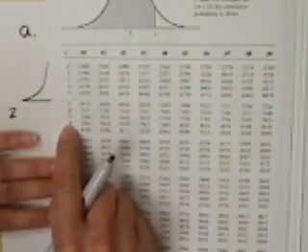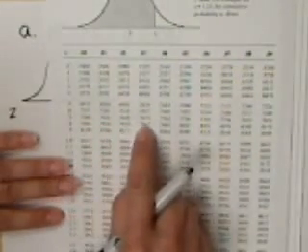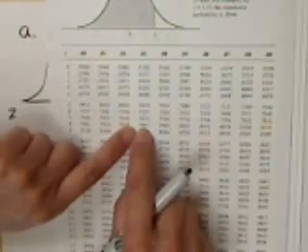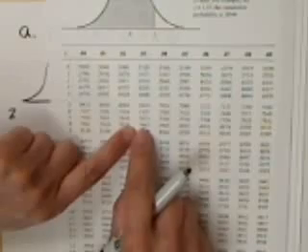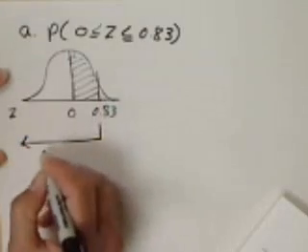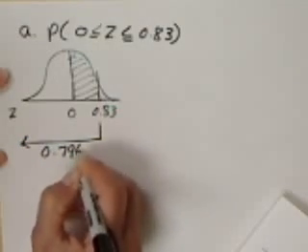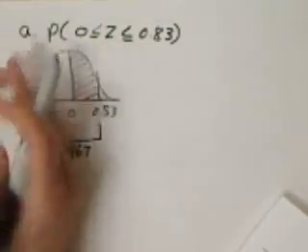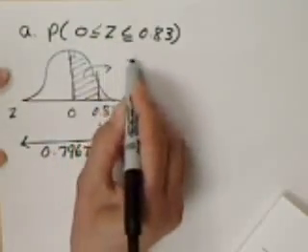Here's 0.8. Here's 0.03. At the top, at the intersection, you will see 0.7967. So we know all the way from here to here is 0.7967. This is from the table. But we're not interested in all of this. We're only interested in this one.